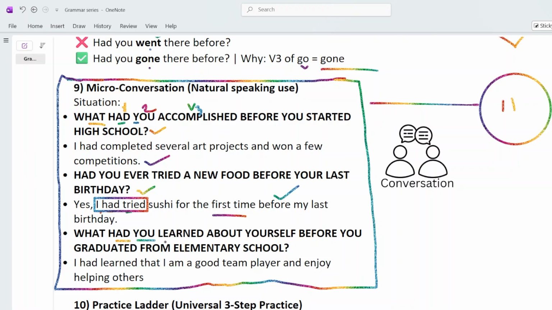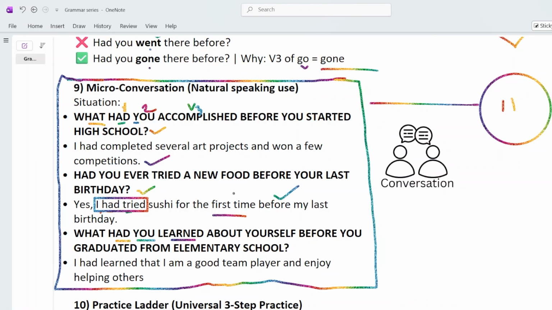Had you learnt? I told you in question forms, the builder formula, the real formula, is subject plus had and verb 3. But when it comes to a question, your subject is pushed to the second position, and the auxiliary verb takes the primary position, followed by your verb 3.